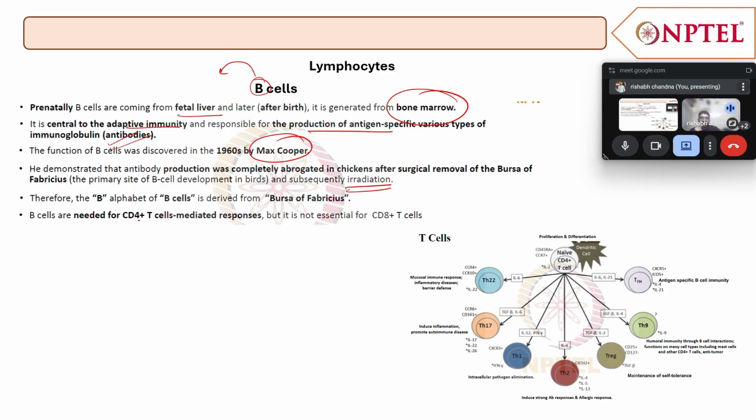Like I said, the B stands for bursa of Fabricius, not bone marrow, because it was discovered likewise. And B cells are phagocytic in nature.